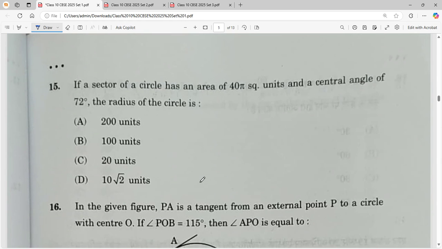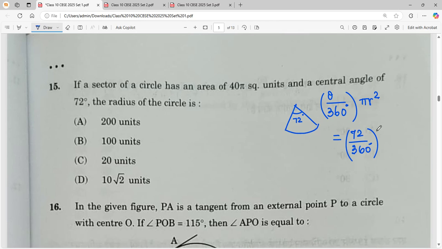If a sector of a circle has an area of 40 pi square units and a central angle of 72 degrees, then theta divided by 360 degrees into pi r square is equal to 72 divided by 360 degrees into pi into r square.